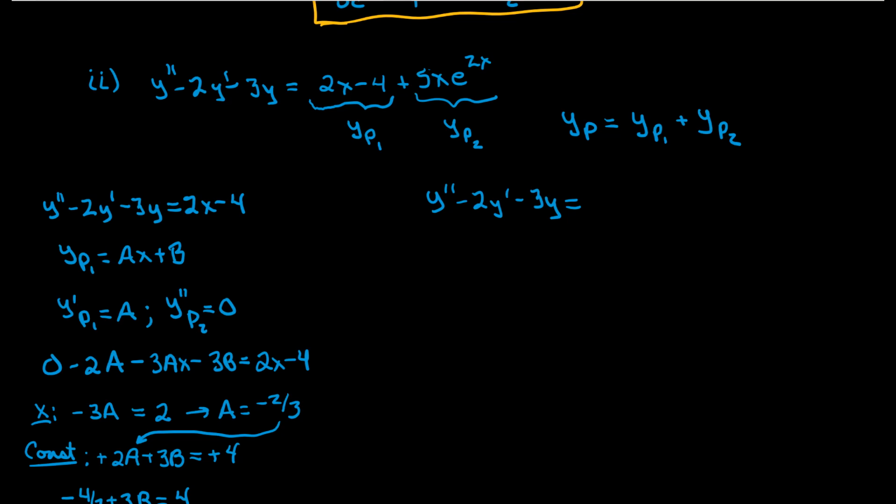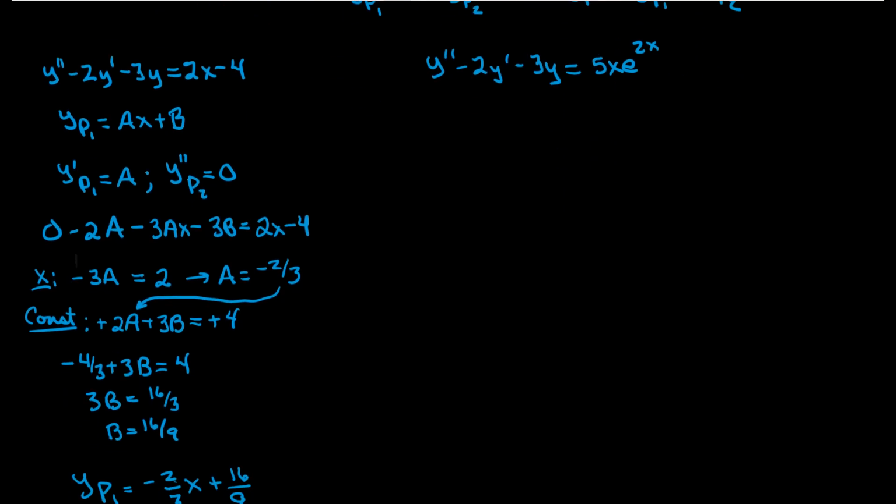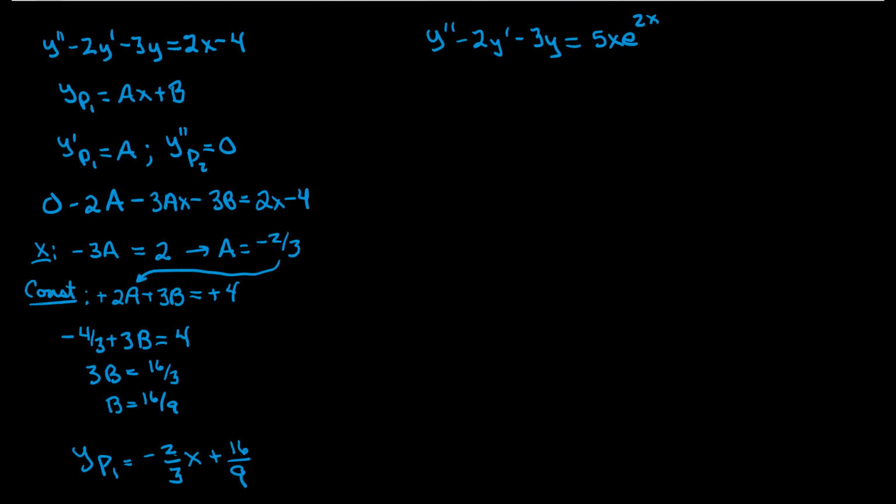I'm now going to do my 5x e to the 2x. In this case, my y sub p, actually y sub p2, is going to look like cx e to the 2x plus d e to the 2x.